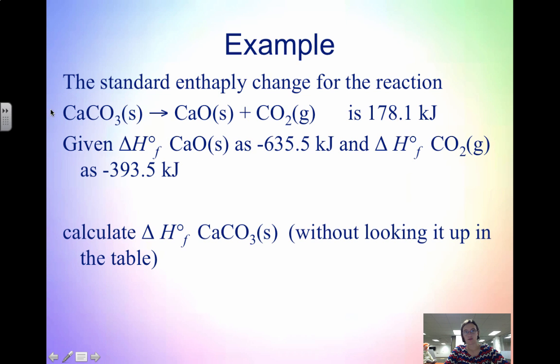So let's focus on this equation at the top, because here is our overall reaction with the heat. So this entire reaction is equal to 178.1. This is delta H reaction. Here's one heat of formation, here's another.